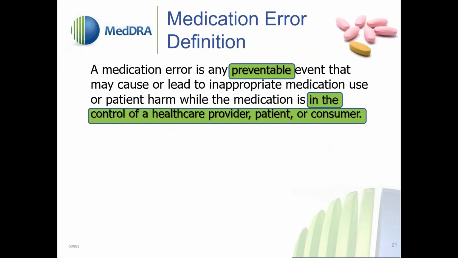So this second aspect that is highlighted in green here is important to remember. These errors occur during product use in the medication process, when the product is in use under the control of the healthcare provider, patient, or consumer. The term does not refer to errors that occur during manufacturing or are caused by wholesalers, in other words, outside of the control of the healthcare provider, patient, or consumer.